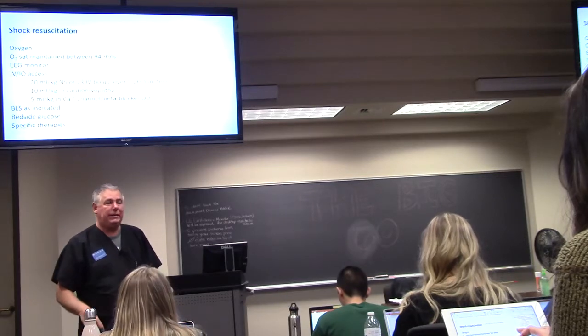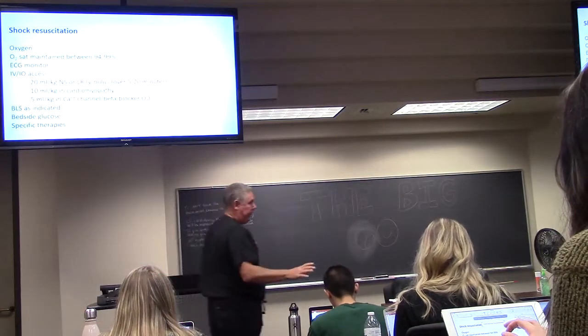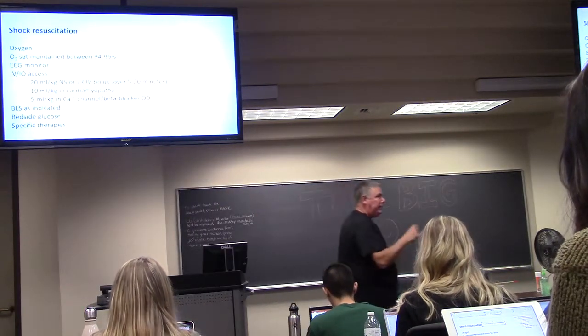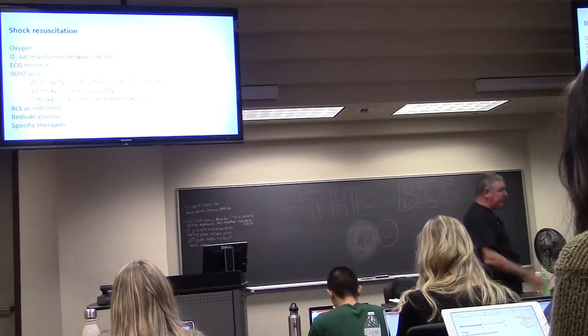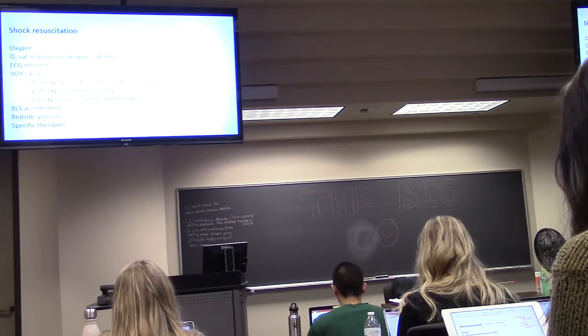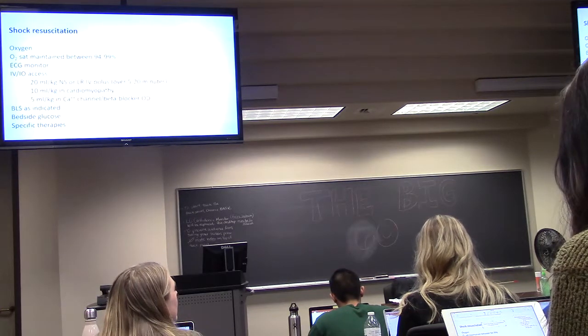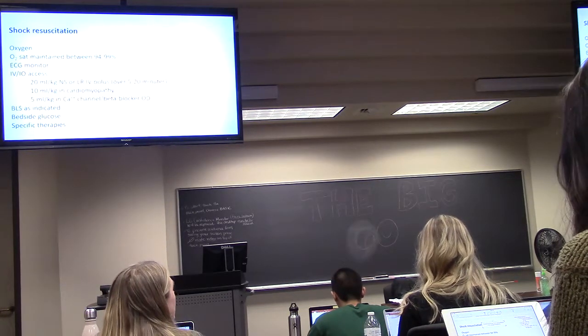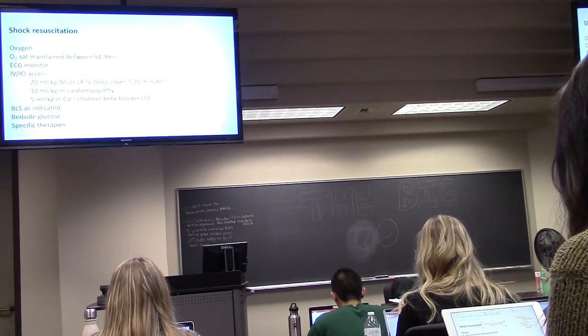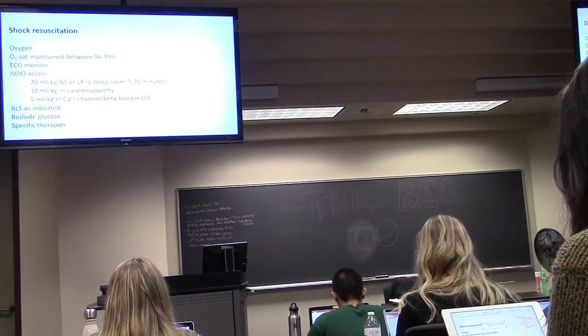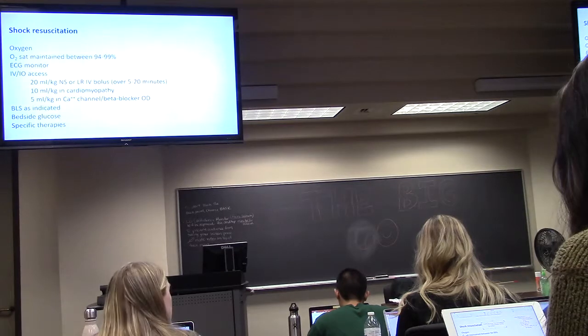The fluid resuscitation in kids, and don't ever forget this, because 10 years from now, when I see you at the OAPA conference, and I say, JC, what's the fluid resuscitation in a normal kid? You would say 20 mils per kilogram, administered over 5 to 20 minutes, depending on the circumstance. If it's critical, slam it in there.